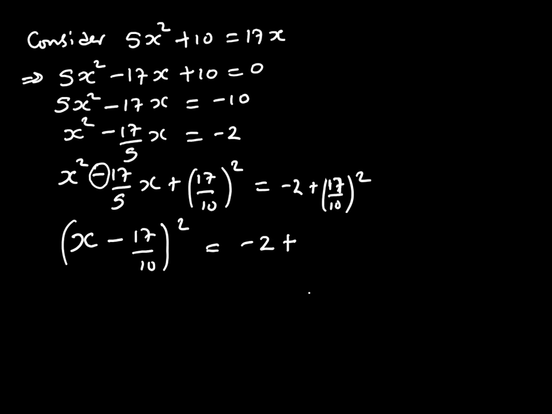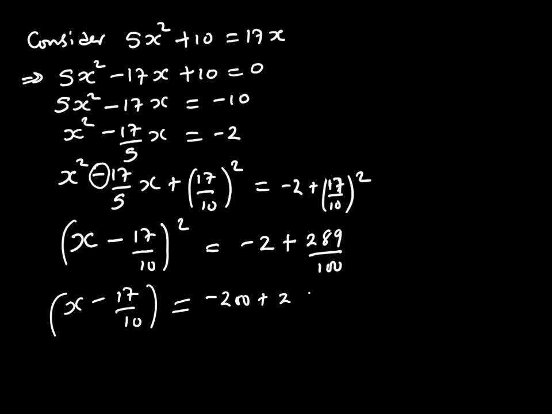When you square 17, I think you get 289 divided by 100. So go ahead and do your mathematics. Okay, that is minus 200 and the other is 289. You have x minus 17 over 10 is the same thing as minus 200 plus 289, divided by 100.